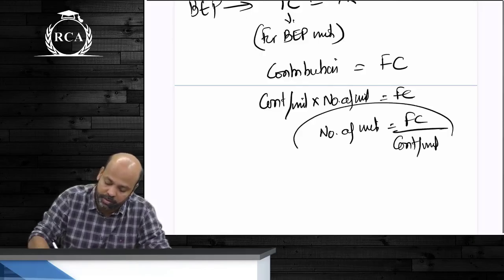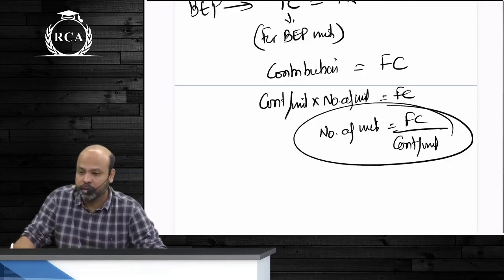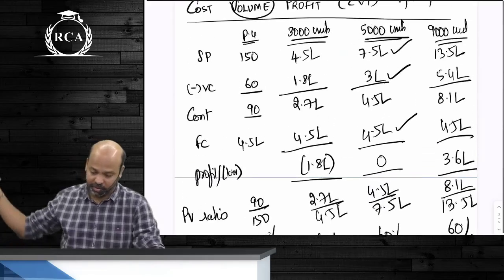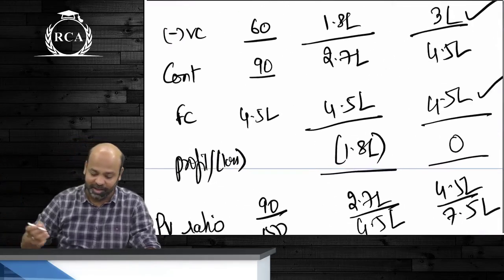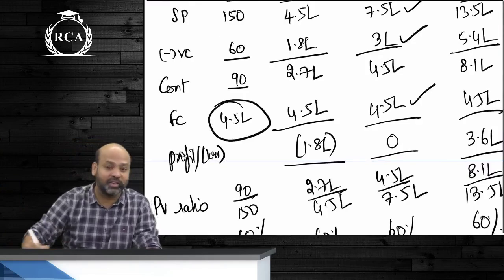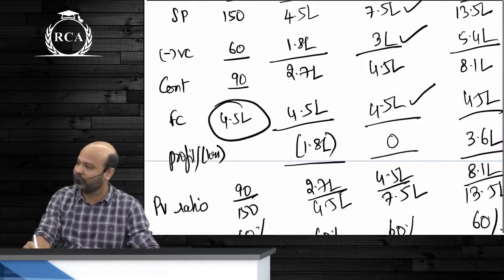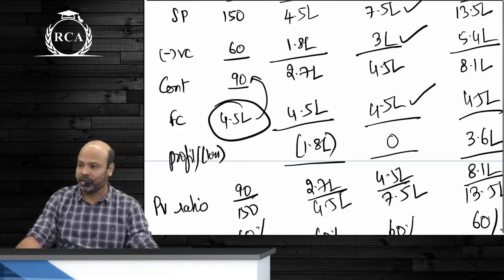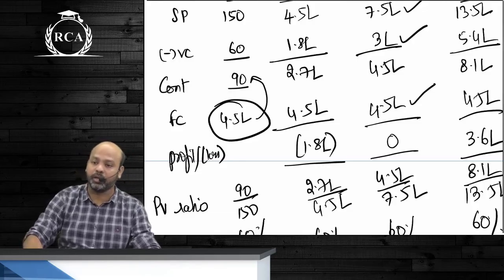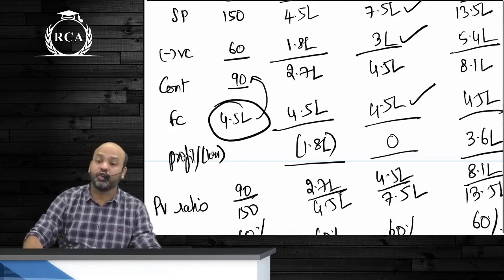This is the formula for break-even point. 4,50,000 मैं ऐसी थोड़ी 5,000 मजाक में लिखा बेटा, obviously calculate करके लिखाऊंगा ना, मेरे को zero लाना है बोल के. 4,50,000 is the amount of fixed cost, guys. Contribution per unit is 90 rupees. 4,50,000 divided by 90 rupees. 5,000 units will be the amount of your break-even point.